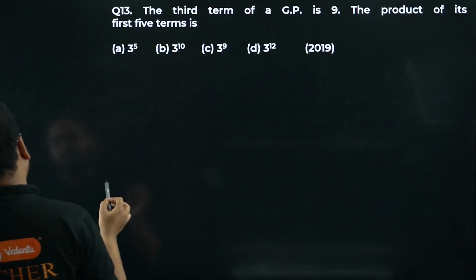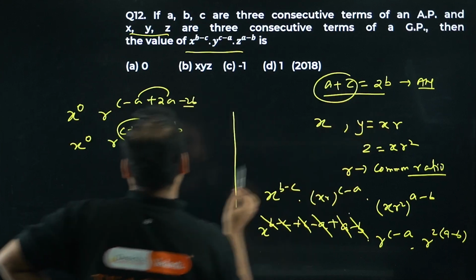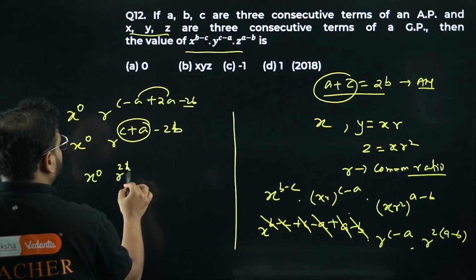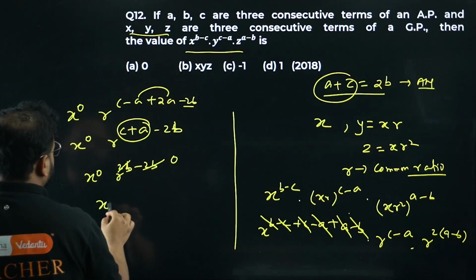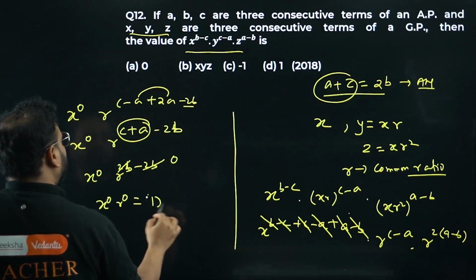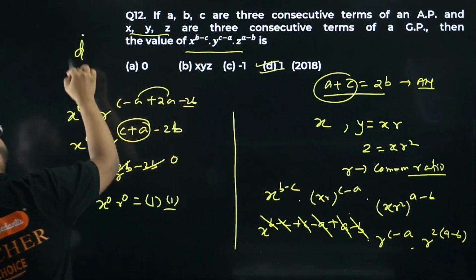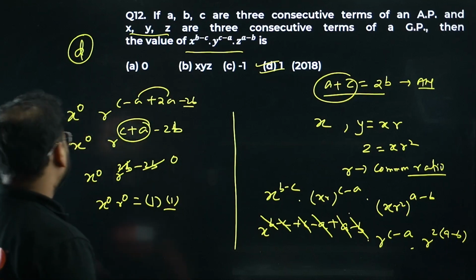I can write the value of c plus a as 2b, so it becomes x power 0 r power 2b minus 2b, which is 0. So x power 0 r power 0, how much is that? 1 into 1. Answer will be option D, 1. Done. Simple question. 12th is done.